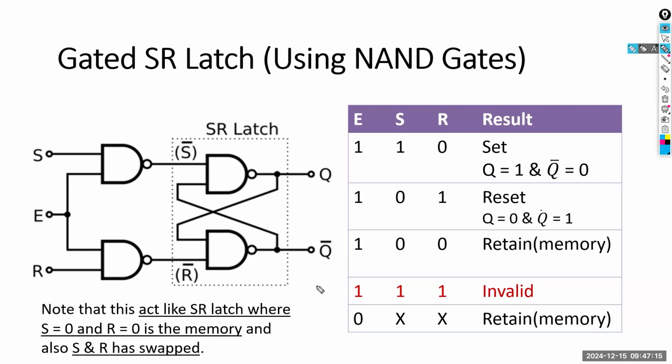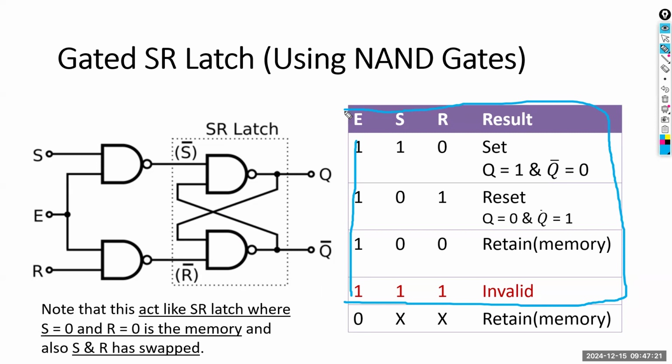So again, when enable is 1, it behaves the normal way, normal S bar latch. But when it is 0, now it is memory. So therefore, you don't rely on this memory, rather you rely on this one. Right, so that is the gated SR latch.